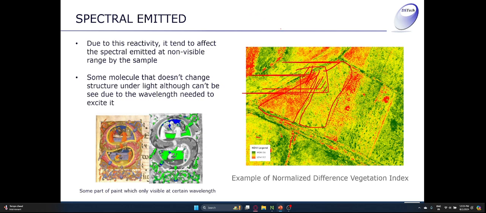So for example, let's say you have your sample here, and you have a light shooting at it. The sample is excited only at 1000 nanometers, and your light only shoots 700 nanometers.